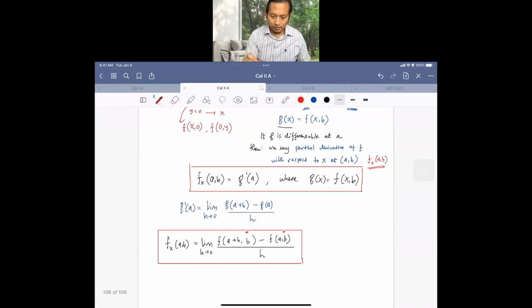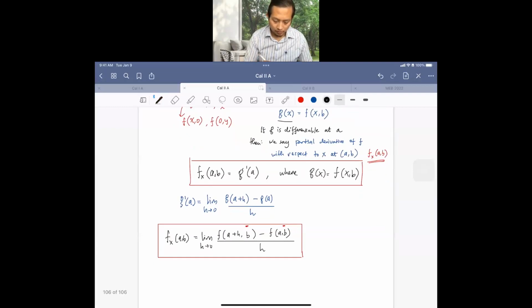And similarly, we say partial y, we are going to let x equal to a constant and y will be the variable.